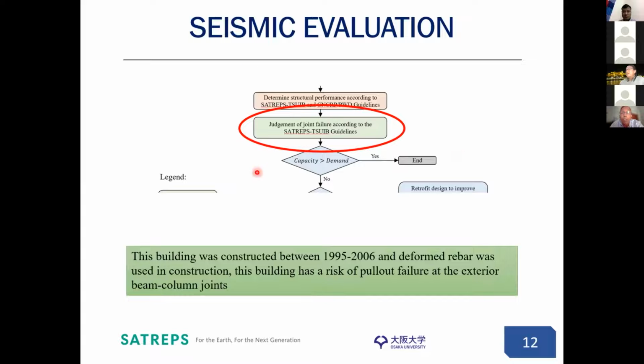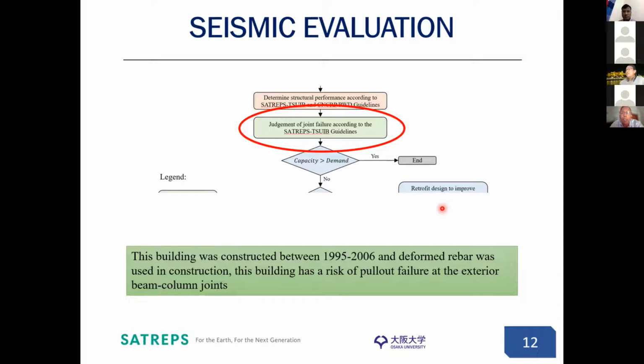The next step is basically according to this guideline, the previous evaluation manual, which states that if the building was constructed between 1995 and 2006 or later, and deformed bars were used in the construction, then there exists a possibility, you cannot know that, but there exists a possibility that the exterior beam-column joints might fail by pull-out failure and exhibit some catastrophic loss of the building.